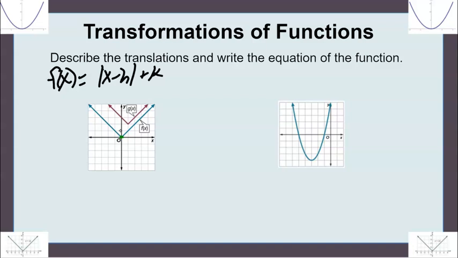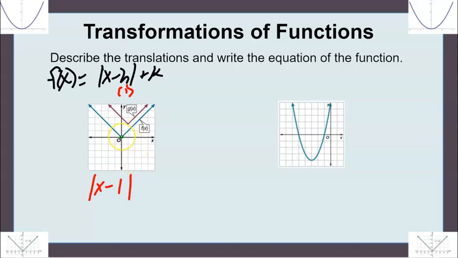So the vertex went 1 to the right. Now you would think it would just be x plus 1, but keep in mind the format already has x minus in it. So we want to only know what h is. So if h is a positive 1, we're going to put a 1 wherever the h is. That means we would have absolute value of x minus 1.